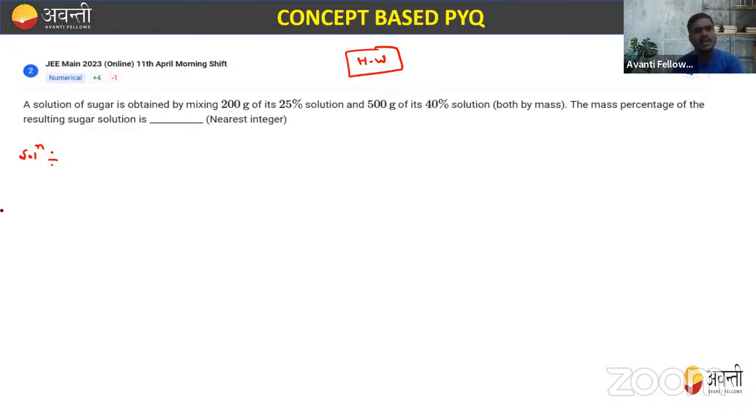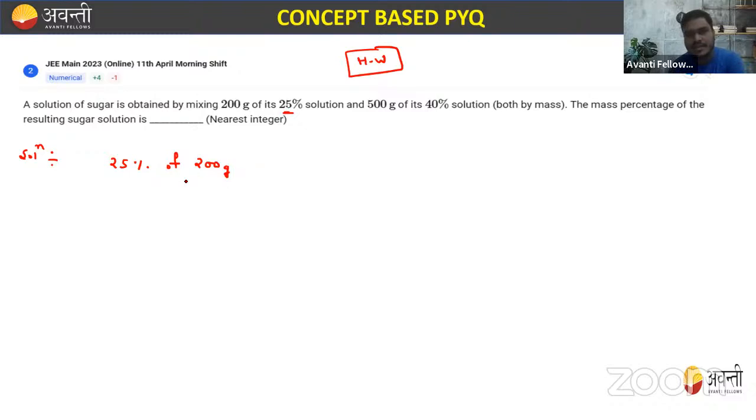The first case, a solution of sugar is obtained by mixing 200 gram of its 25% solution. So 25% solution of 200 gram means what, beta? This word 25% is very important. In the 25% sugar solution, the amount of sugar is 25% of 200 gram. 25% of 200 gram is equal to how much?